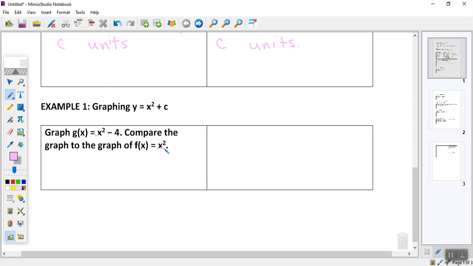So here's the deal. To get from the function x squared to x squared minus 4, you would have to translate x squared down how much?